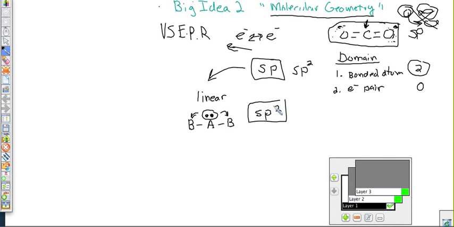If we have sp2, if we count our domains, if we look at our Lewis dot diagram, and that's really the best way to count your domains, is to draw your Lewis dot diagram. Refer to the last video, the Lewis dot diagram video, for how to figure that out easily. There are a couple of examples right here.